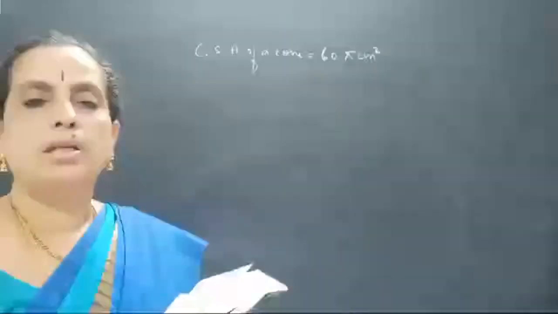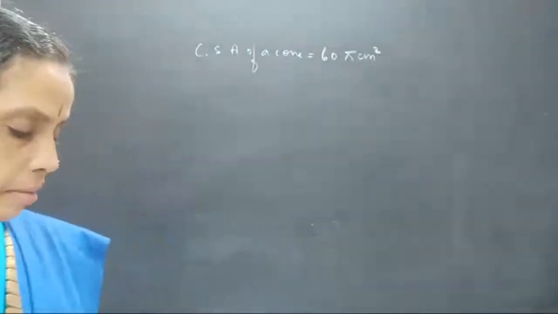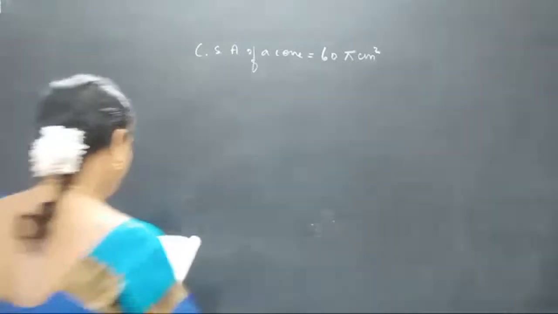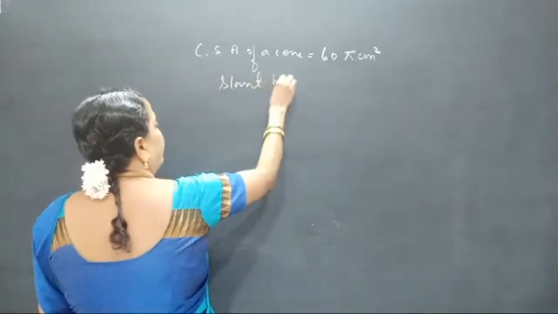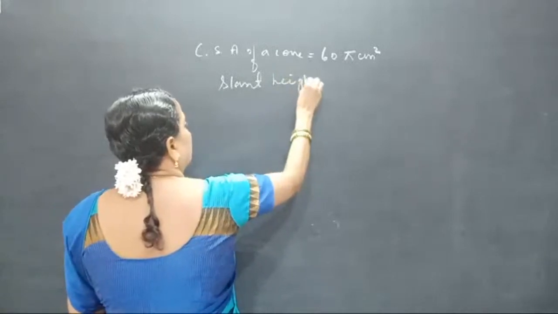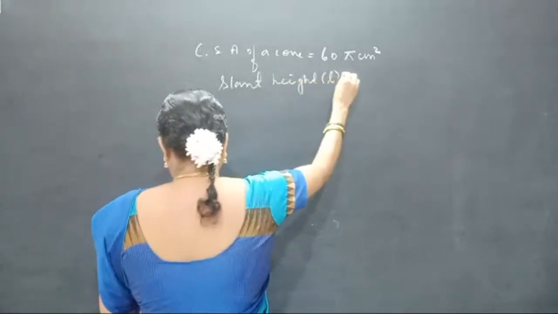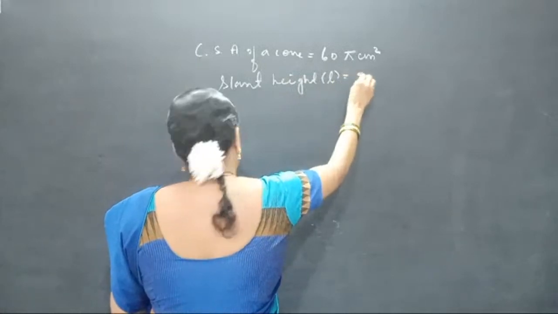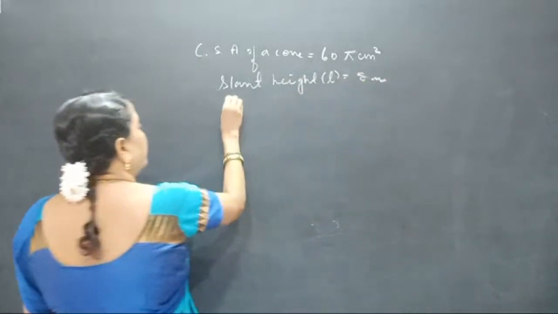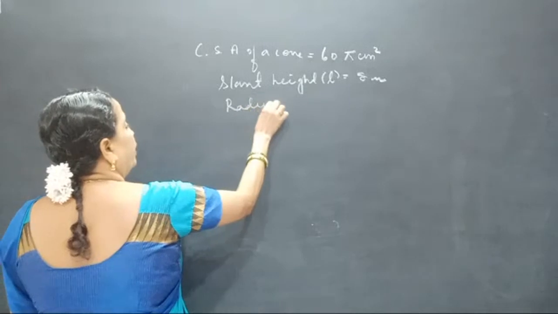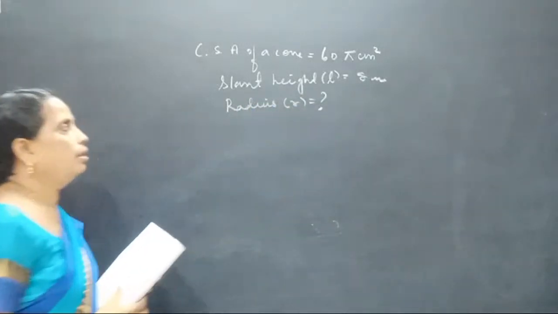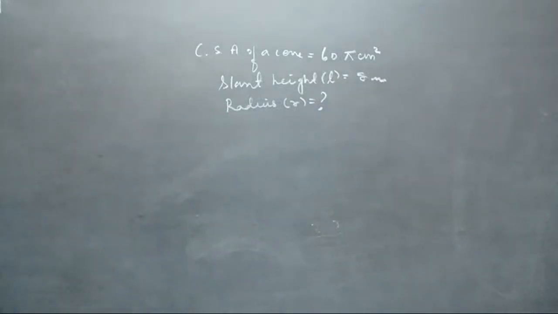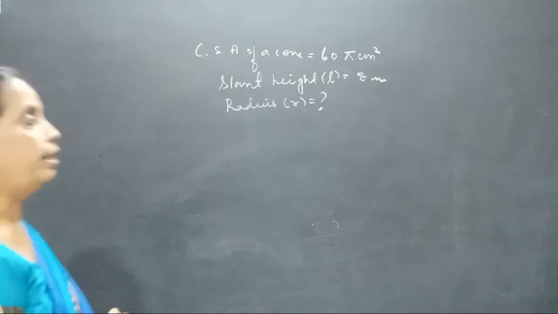Curved surface area of a cone is 60 pi centimeter square, and the slant height L equals 8 centimeter. Calculate the radius of the cone. They have given curved surface area and slant height. We have to calculate its radius.